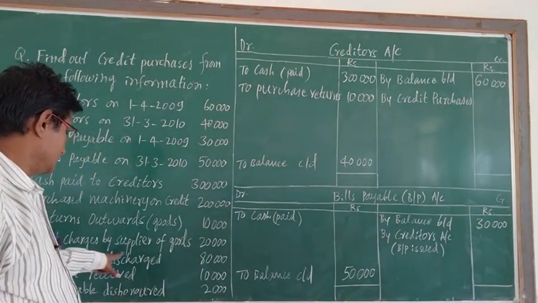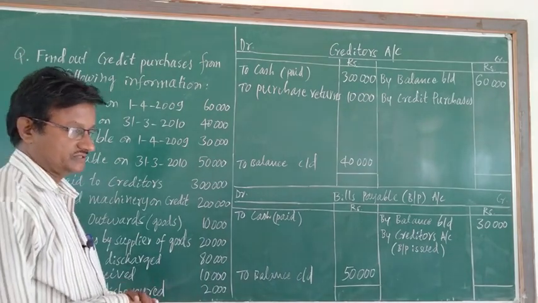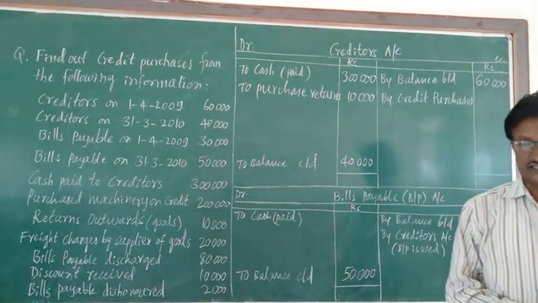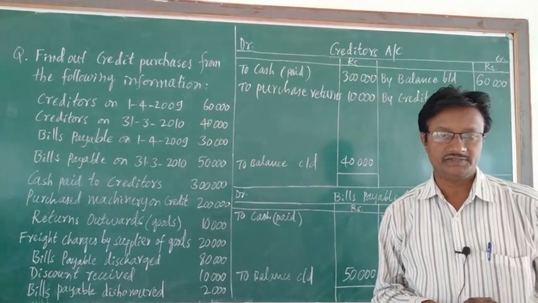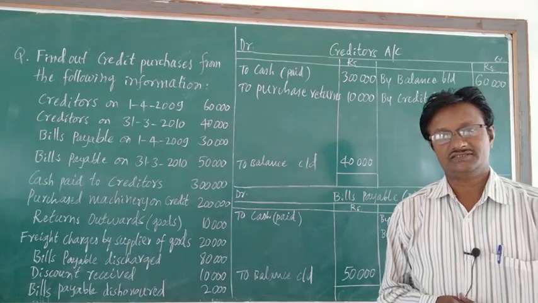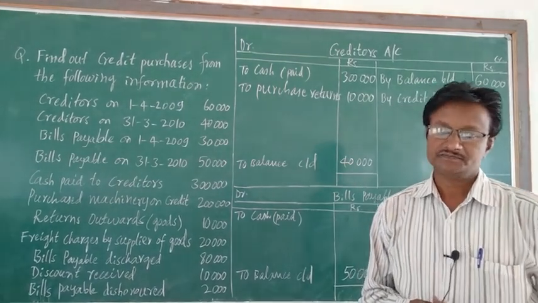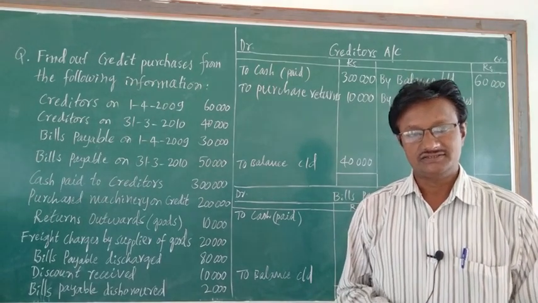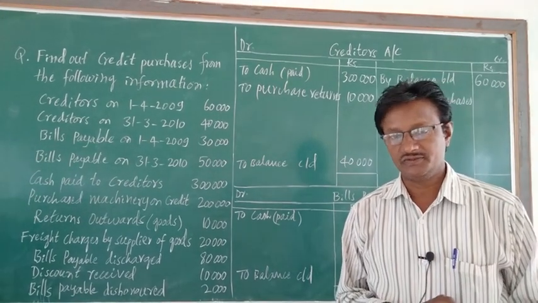Next item is freight charges by supplier of goods. When freight is charged, freight is an expenditure, so freight account is debited. Suppliers are the givers of freight, and they charged it on us, so the journal entry will be freight account debit to creditors account.